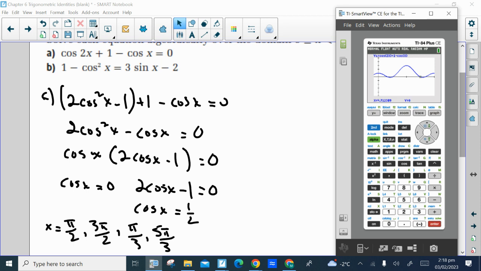That works. Y does equal 0 there. We can go pi on 3. That works. Y equals 0 and 5 pi on 3 works. You should never get these wrong. You can use your graphing calculator to check your answers every single time.